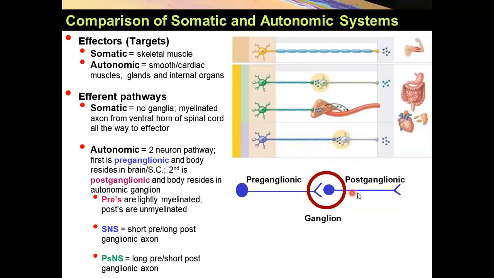The post-ganglionic neuron has its body residing in the autonomic ganglion. So this is the post-ganglionic neuron, this is the pre-ganglionic neuron, here is the ganglion. Now inside the ganglion, the pre-ganglionic neuron synapses with the post-ganglionic neuron. Note that there is no physical contact between the pre-ganglionic and the post-ganglionic neurons inside the ganglion.